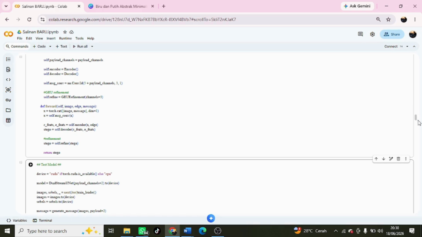Next, a secret message in the form of a random binary vector with a 2 BPP payload is generated using the generate_message function.